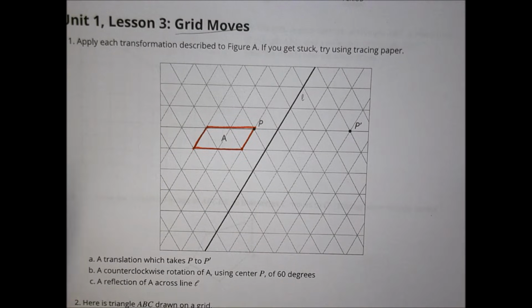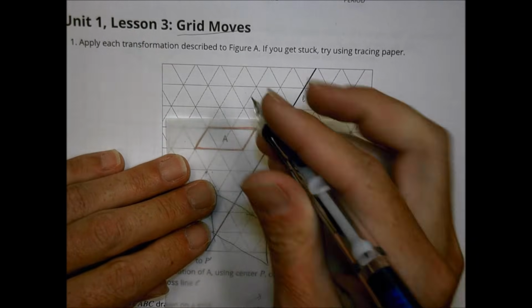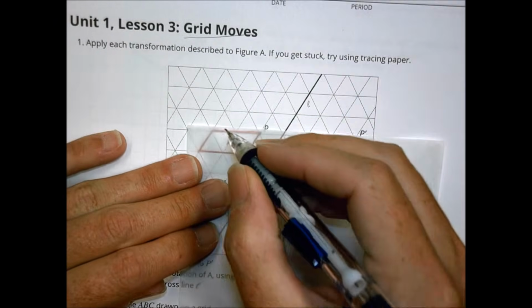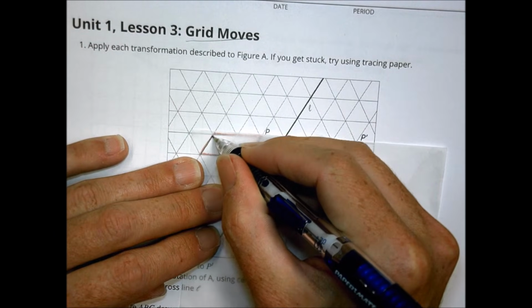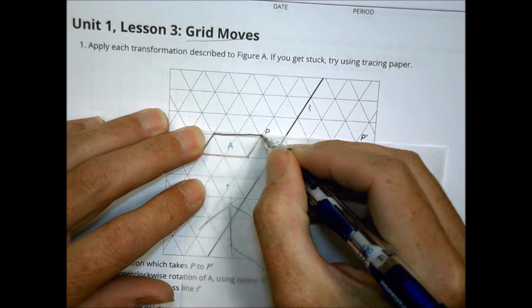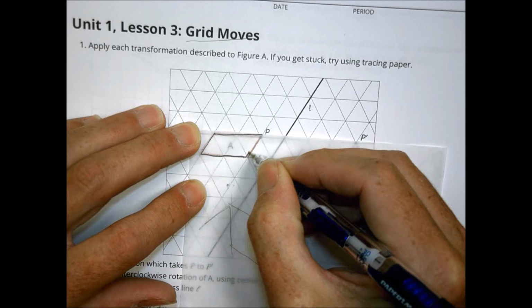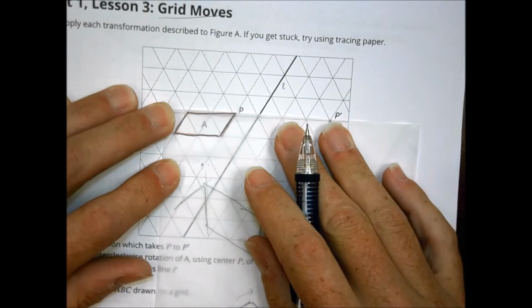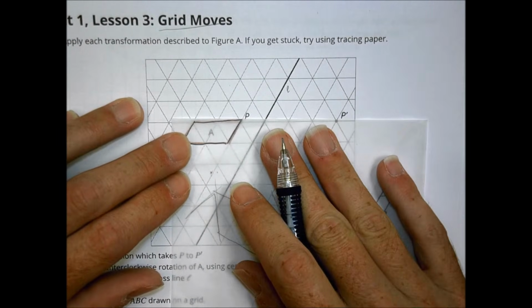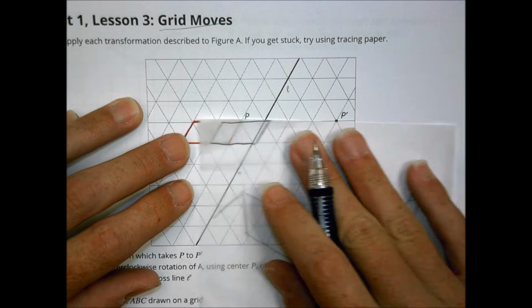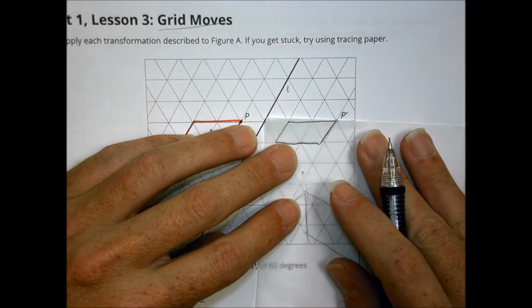First, it says a translation of P that takes P to P prime. So what that means is I'm going to take my shape and draw it right here. So we have our shape here, here, here, and here. And if we're going to translate that from P to P prime, in this case we're just going to slide it over to this place right here.